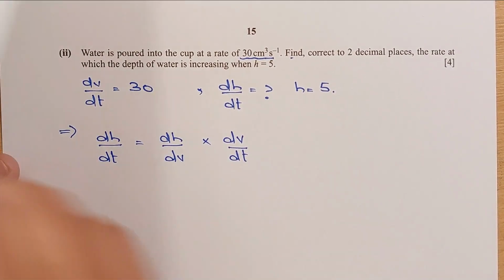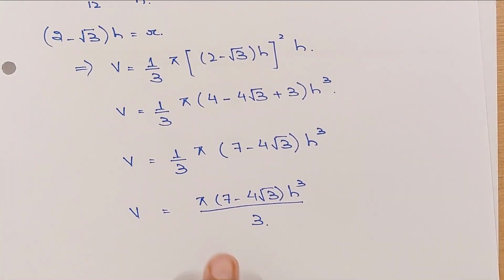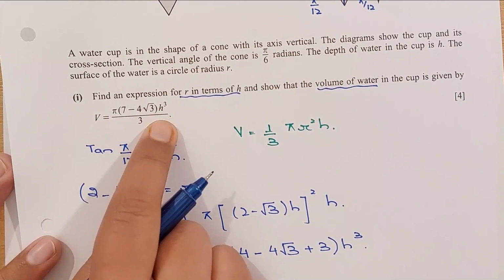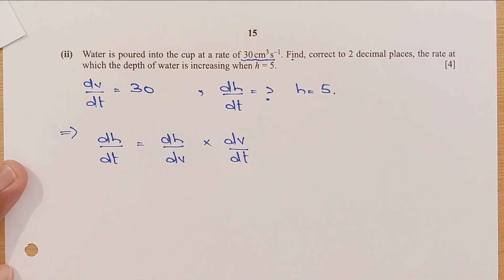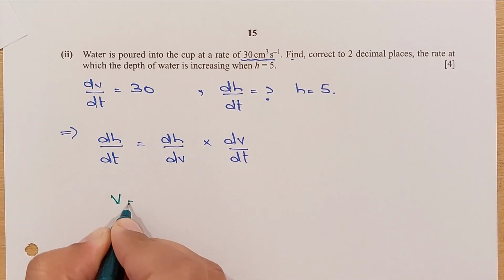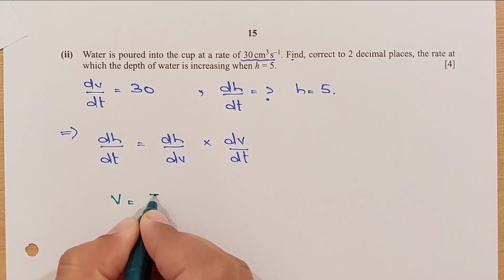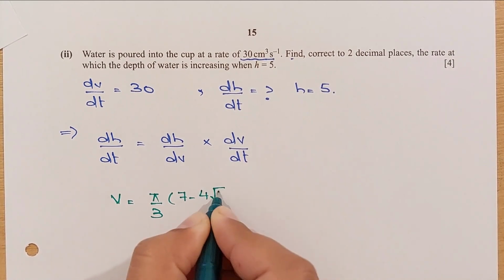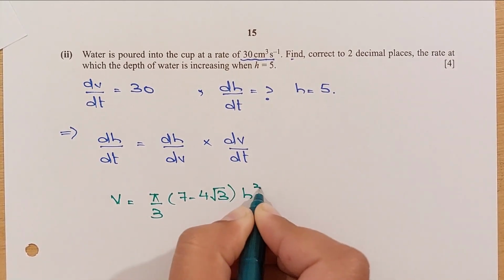We got the volume expression from the first part, so we can use this expression of volume. We differentiate volume with respect to h first, right? The expression for volume is V equals pi by 3 (7 minus 4 square root of 3) h cubed.